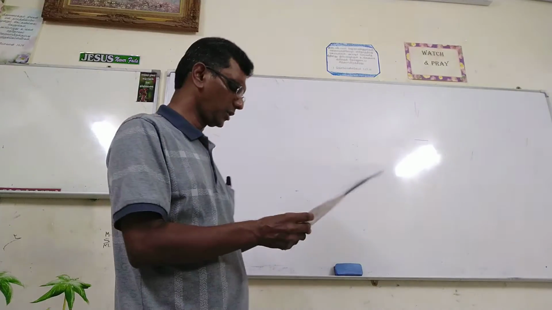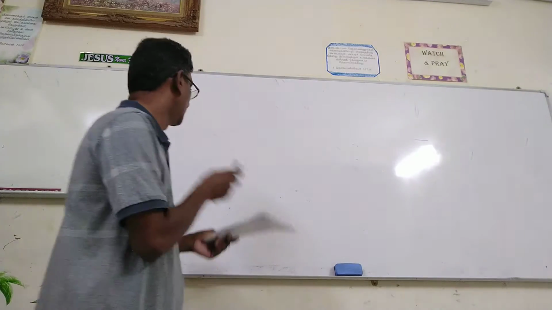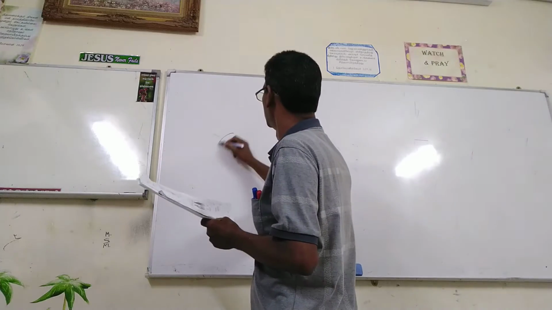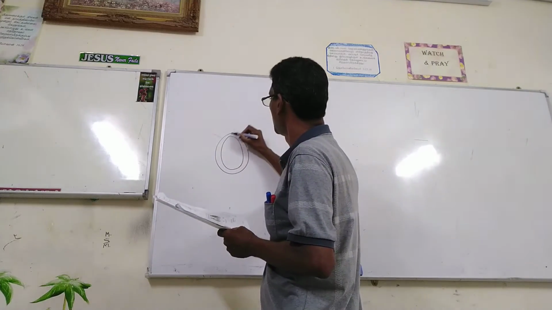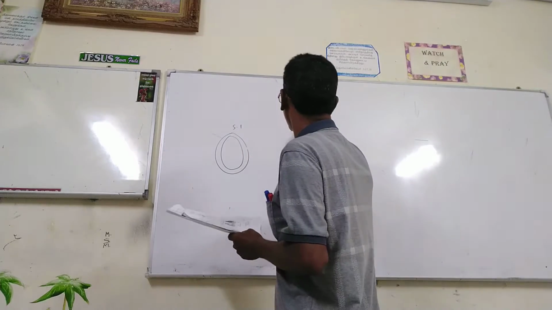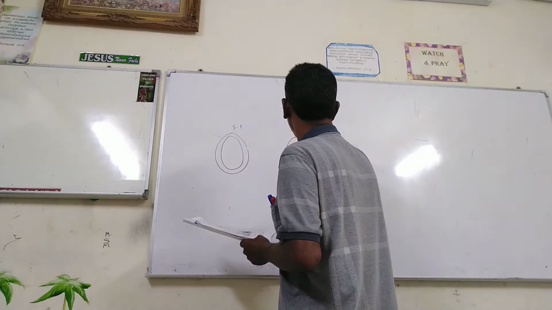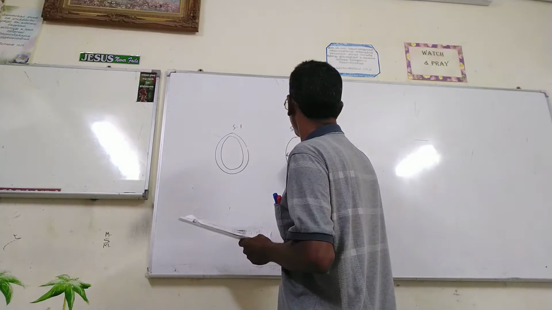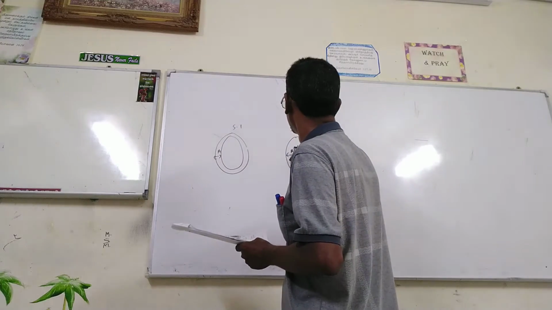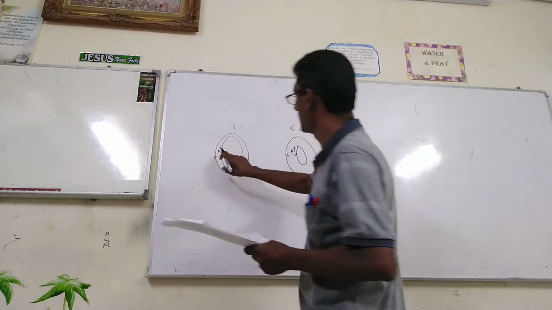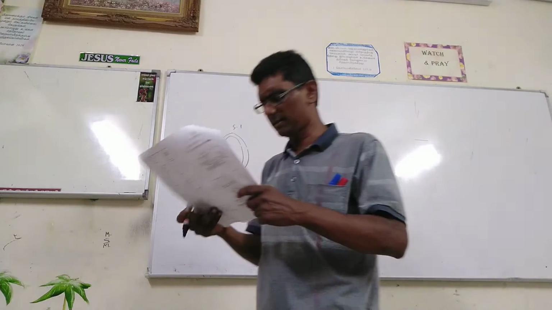So the wheelchair in 5.1 has a small cross section area. This is 5.1, and this is 5.2. This area is small, and this area is big. So we can write the answer.